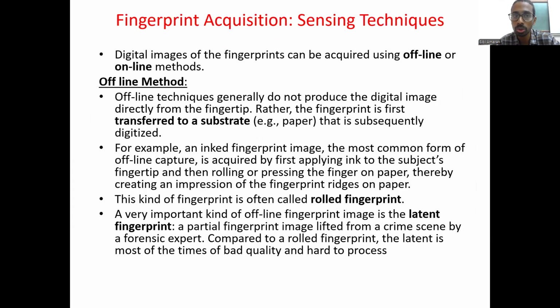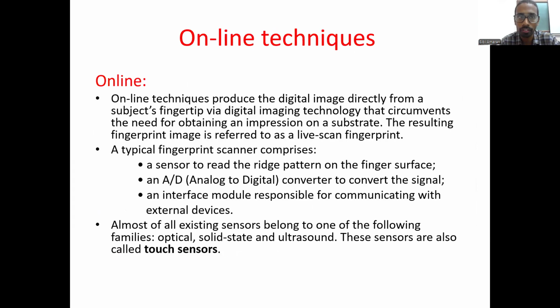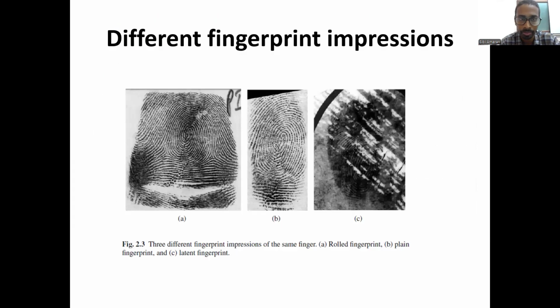Now we have to discuss what is offline as well as what is online. Through this diagram, I'll be discussing it. A, B, C: A represents the rolled fingerprint, B represents the plain fingerprint, and C represents the latent fingerprint. B, the plain fingerprint, is what we use in an organization.